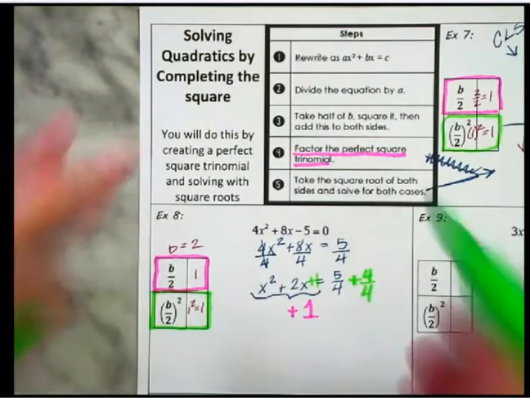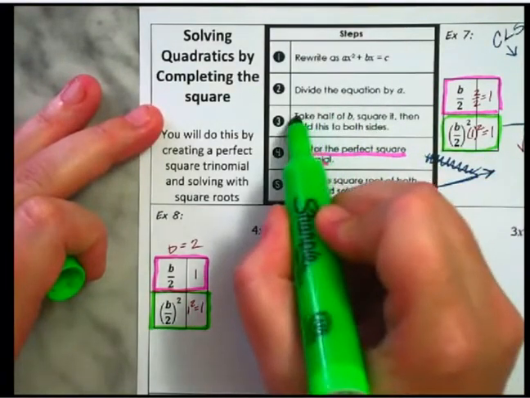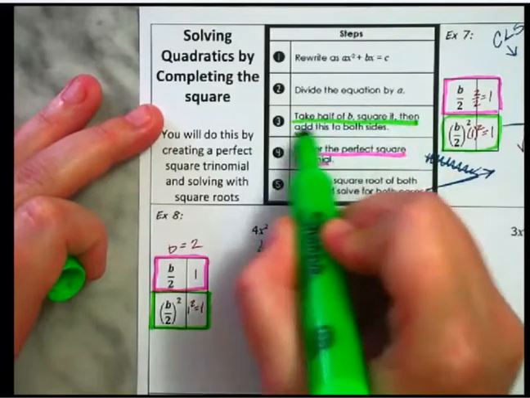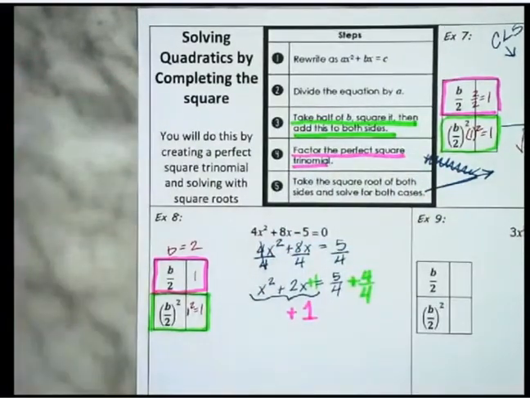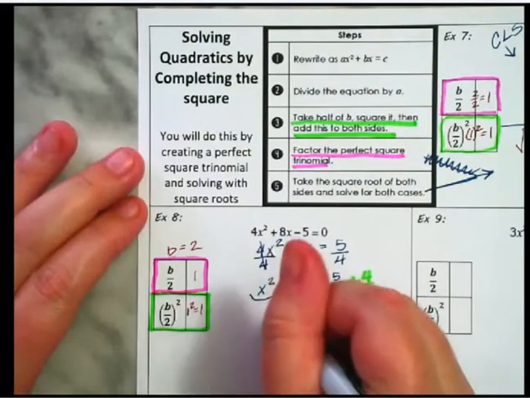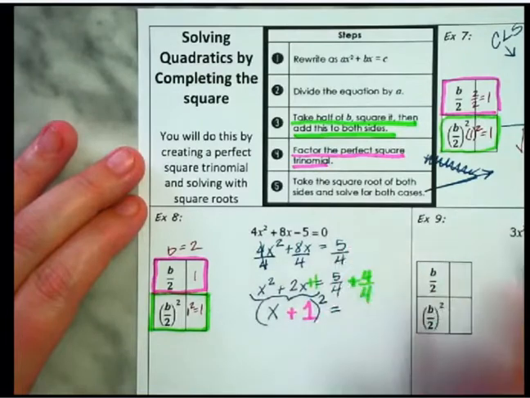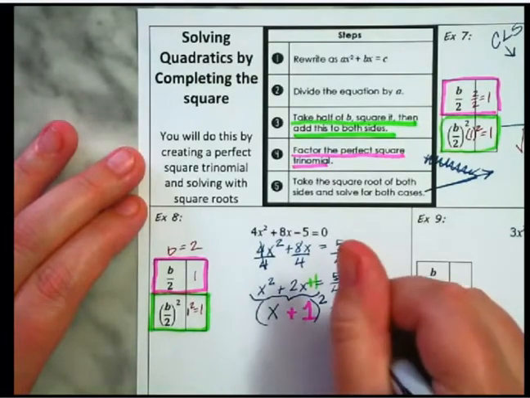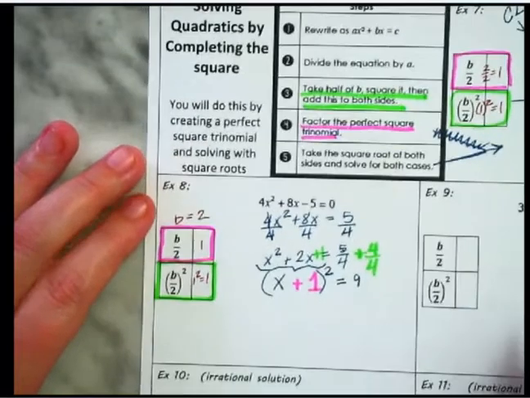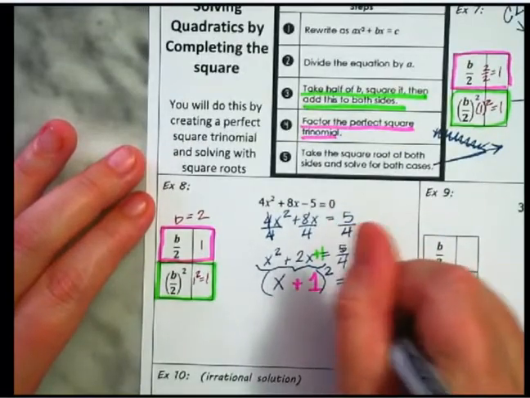Let me underline this in green because that's what I've added to both sides. And so I now have x plus 1 squared equals 5 plus 4 is 9. And then when you're adding fractions, you keep the denominator. So 9 over 4.